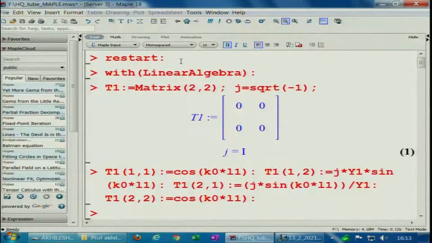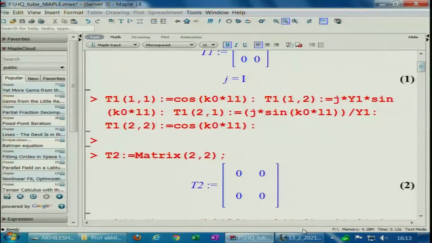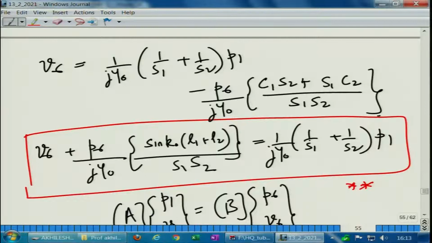So, we do restart as usual, load linear algebra, and introduce these things. T1 is a 2 cross 2 matrix, and J is the square root of minus 1. If we go to our presentation, we will realize that this is the j y naught and 1 by S1 plus S2.